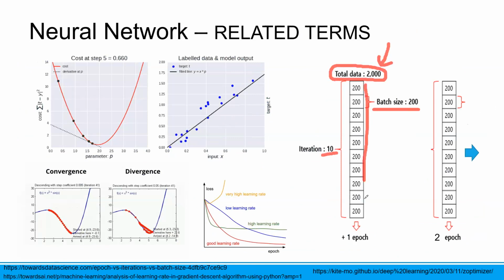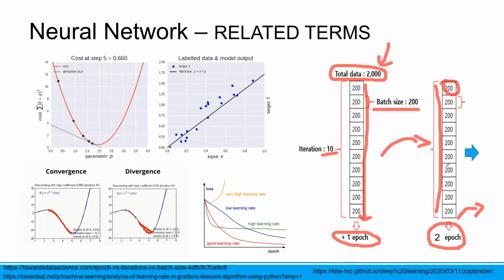After we finish all those 200 for 10 iterations, we call this one epoch. And then we go to another stage, the same as the previous one, but the 200 data will be selected randomly again for 10 iterations, and we get the second epoch, and so on until as many epochs as you determine.